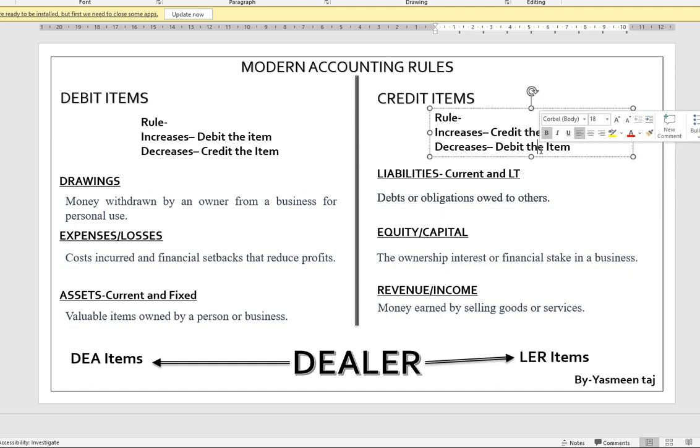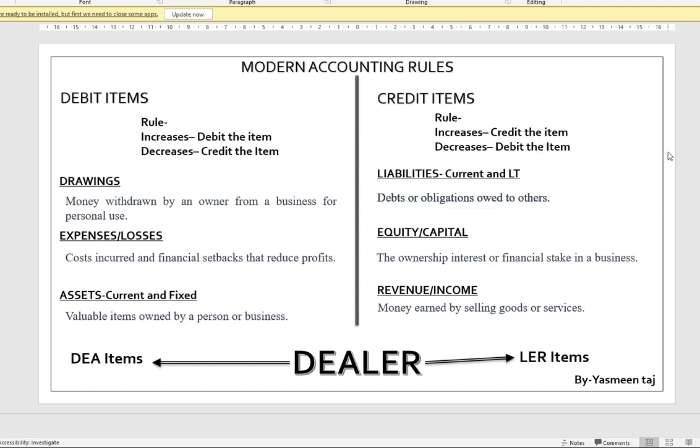If it decreases, we have to debit the item. We can remember this with a simple word, DEALER. DEA relates to debit items: drawings, expenses and assets. LER relates to credit items: liabilities, equity and revenue.